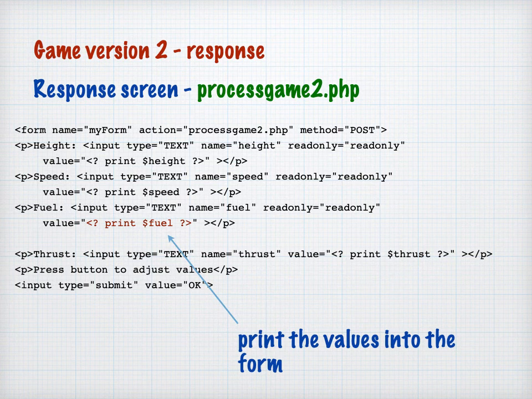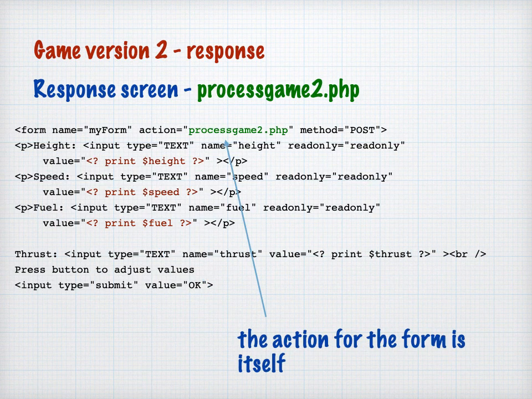So what will happen is height, speed and fuel will be passed into the form. We'll grab those values using post, just in the same way that we normally do, and then we'll print them into that gap. And when you click OK, this process game 2 page will call process game 2.